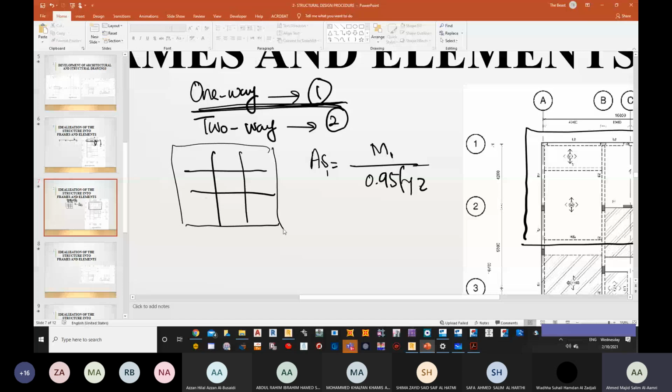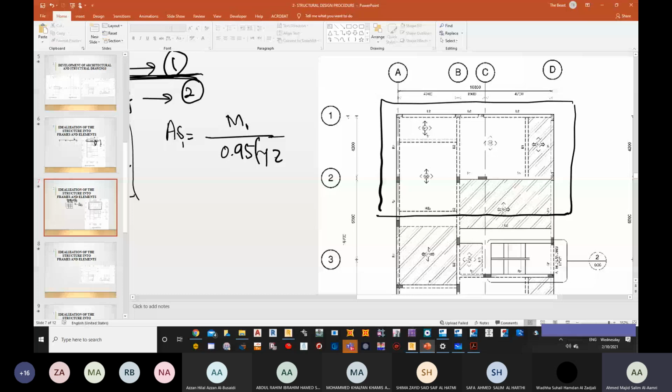We said one major bending. Is it bending on the short? Are you calculating for the short direction or are you taking the long direction into account? When you have designed, you are taking into account the short, and we are going to elaborate on that whenever we come to the slab design.